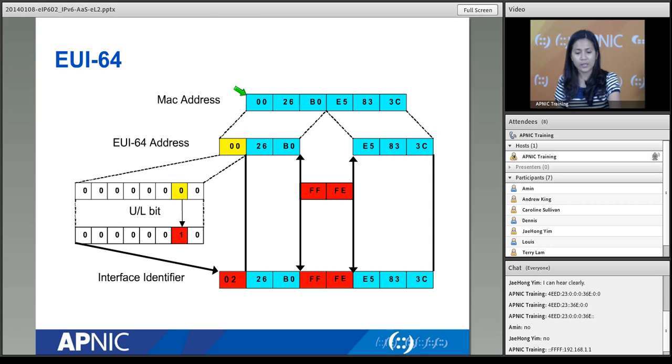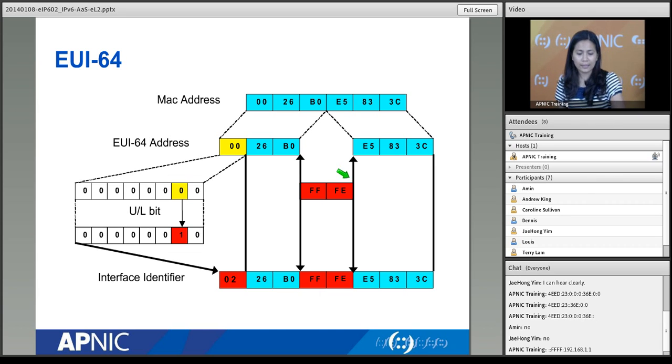So what we do is subdivide that into two, the upper half and the lower half, and then somewhere in between you add FFFE. Very simple. You don't add anything else, only FFFE. So it's actually one way to spot whether you're using EUI64. If you see something like FFFE, then most probably that's using EUI64.